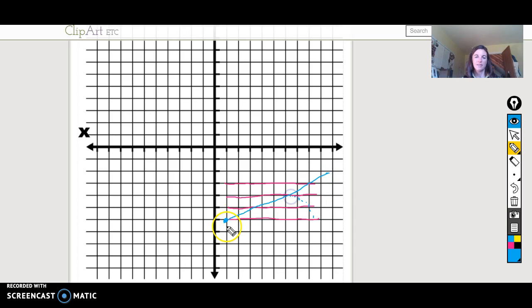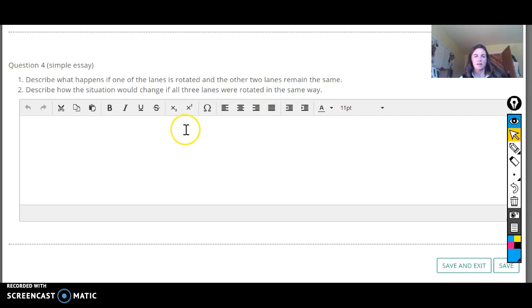And now that one rotated line is going to intersect everything, okay? So that's not a good situation. We certainly wouldn't want that to happen. Okay, so if one lane is rotated, it will intersect the other two lanes at some point. This would not be good.